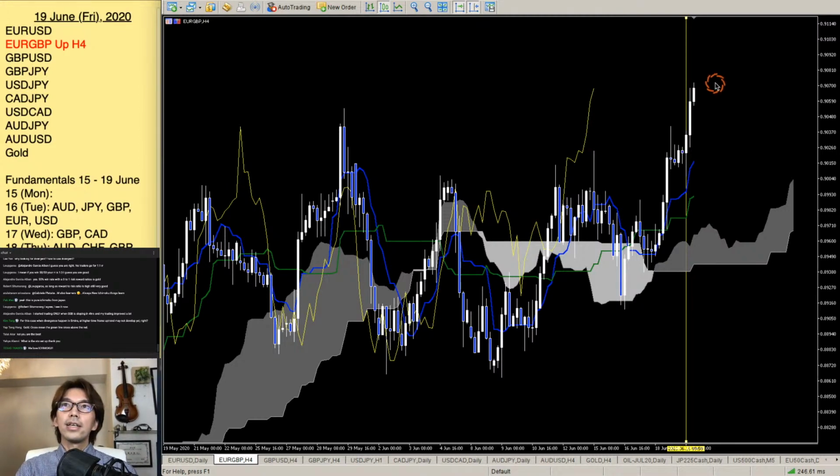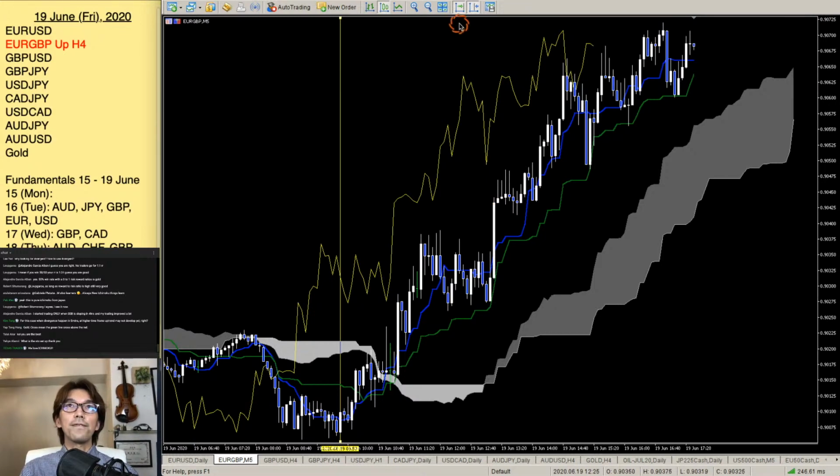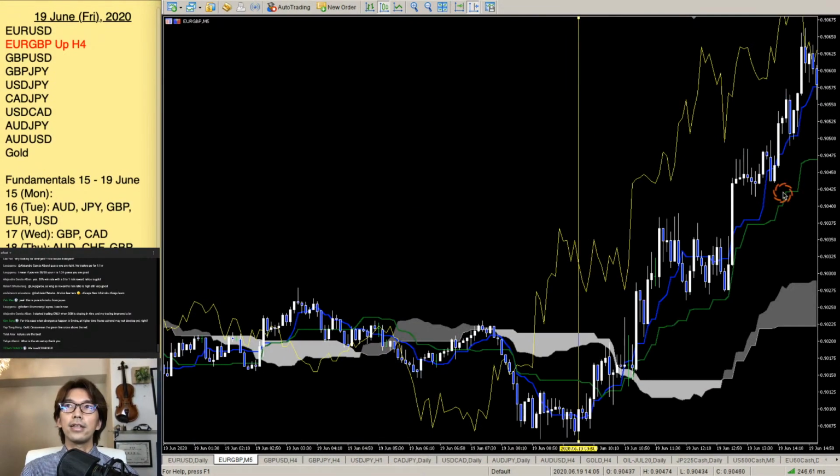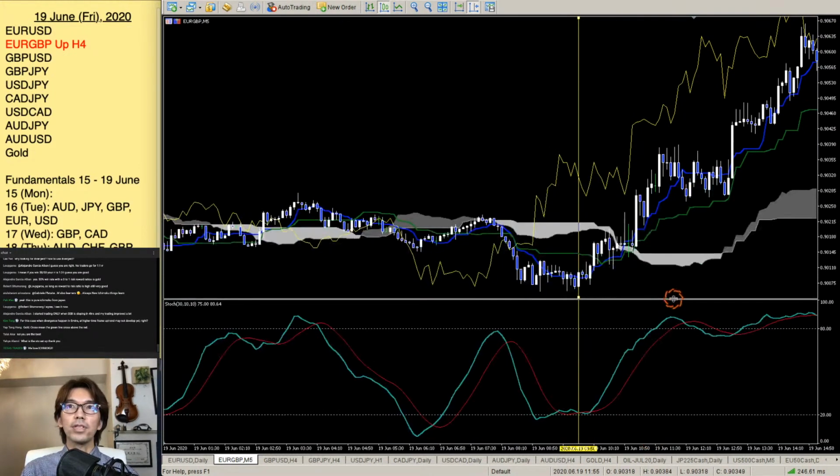Because if you look at the divergence in the 5, the potential is for the price to go upwards from here. If I take a buy here, then yes, the market is not yet in an uptrend, but I can expect that the market might be going upwards from here after it's been ranging.